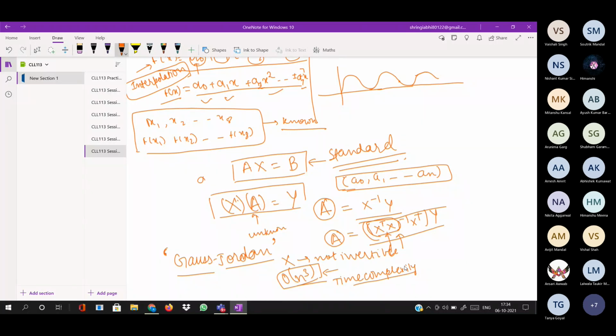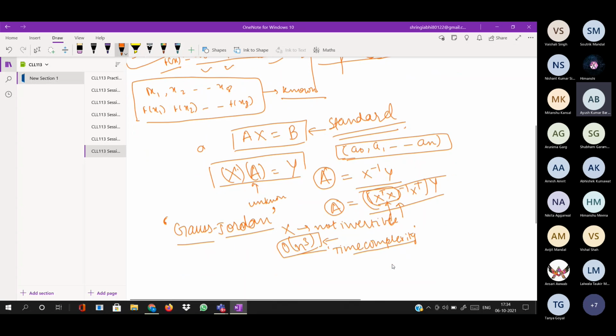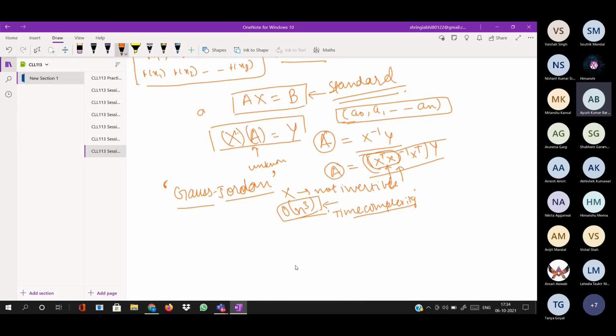Understood? Sir, Gauss elimination is a little faster, right? So we can put the values of x and then try maybe. But it is also, I think, of the order n cube. When you are applying the Gauss Jordan method, you are fundamentally applying the Gauss elimination method only, with partial pivoting and so on.